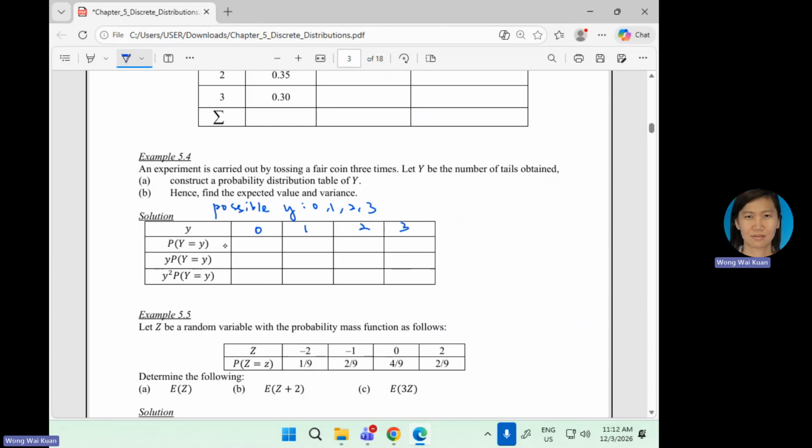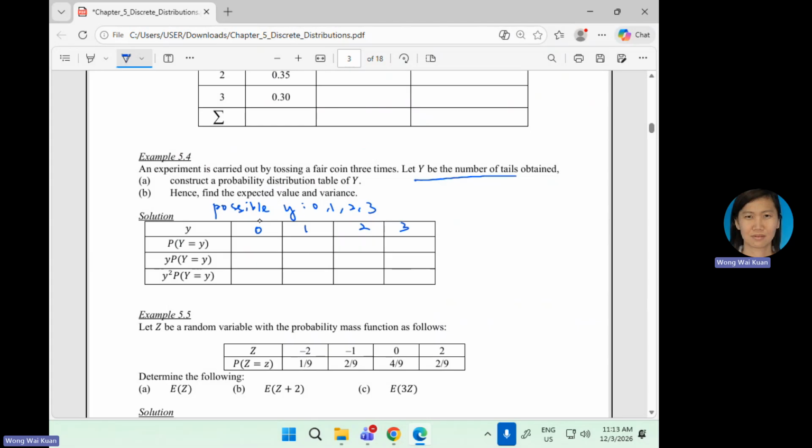Then what is the probability of Y equals 0? How can Y equal 0? Number of tails 0 means? I'm asking you how you get that. How can you have Y equals 0?